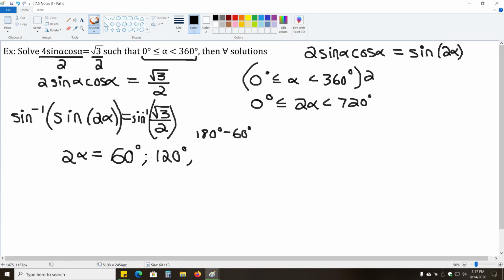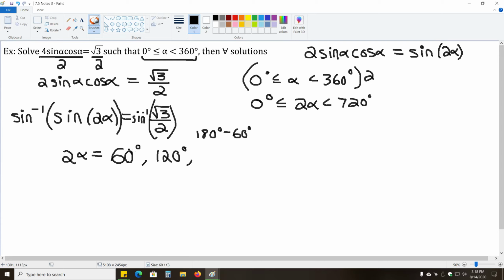Now there aren't any more values in quadrants 3 or 4 where this can be a positive square root 3 over 2. It can be negative, but that's not what we're looking for. But there are more values that come before 720 degrees where this will be a positive square root 3 over 2. And we can find them by adding 360 degrees to each of these angles.